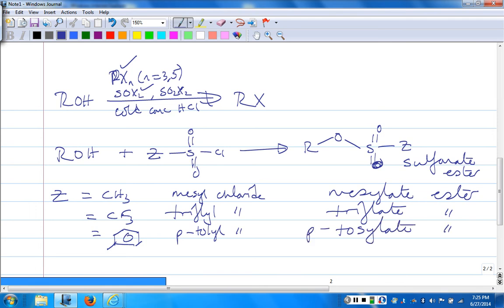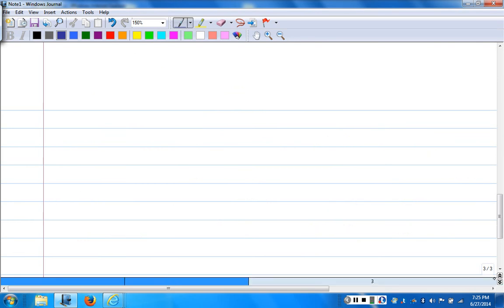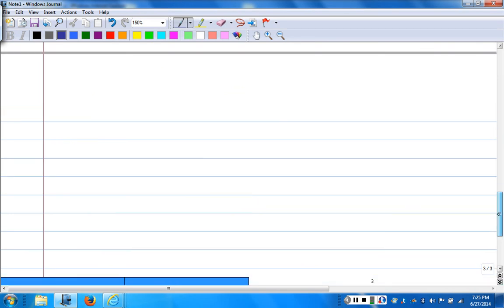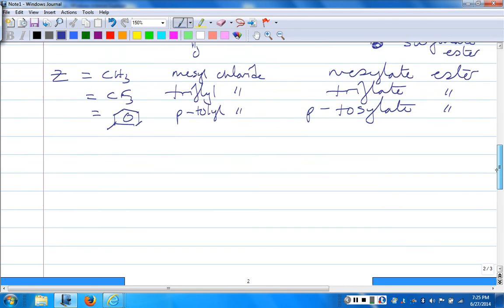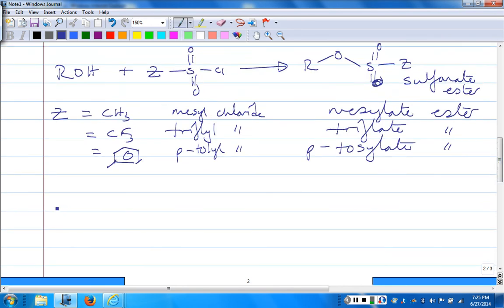The way this reaction goes, in fact, is actually a mirror of the way the reaction goes with the thionyl chloride. And we talked about this in class as well. You can imagine how this will happen.